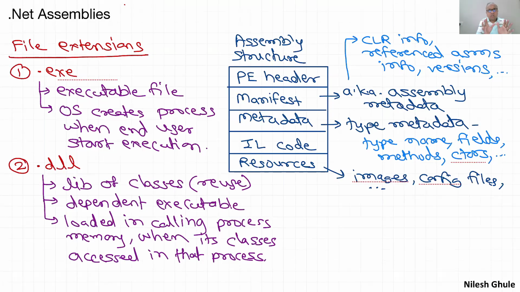In order to understand that Hello World program execution better, I strongly recommend that we will go back and we will try to understand how exactly a simple C or C++ program is executed. Then we can also take a look at how a Java program is executed, and then you can appreciate how exactly the .NET program is executed.